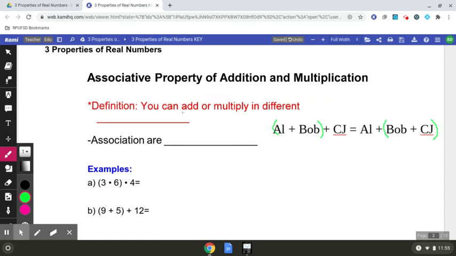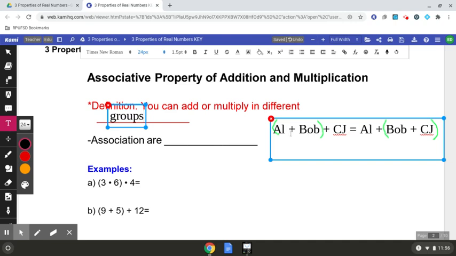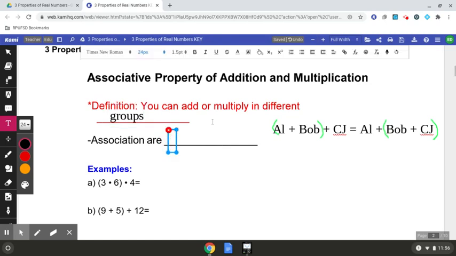So the definition of the associative property says that you can add or multiply in different groups. It doesn't matter how I group my terms. In the end, they're still the same. They're still equal. So association are groups or grouped.